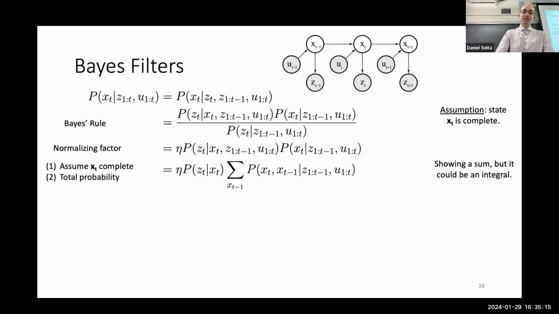If you have some probability of variable A, that is equal to the sum of all the probabilities of A and B, if you're summing over B. So it's just the definition of total probability, or you can think of it as marginalizing out the XT minus 1.